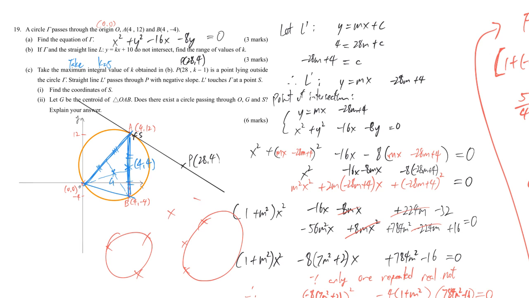If the 3 points are collinear, then it's impossible for you to draw a circle which passes through all 3 points here. So basically, this is equivalent to asking you, are O, G, and S collinear? If they are collinear, we can't draw a circle. If they are not collinear, then we can draw the circle.